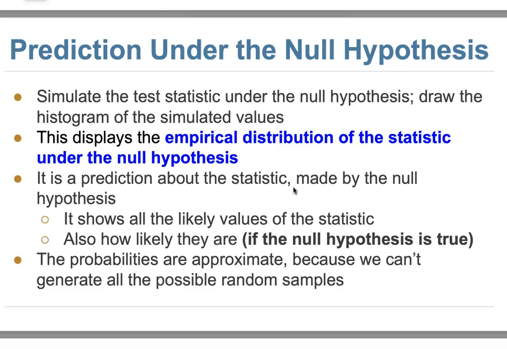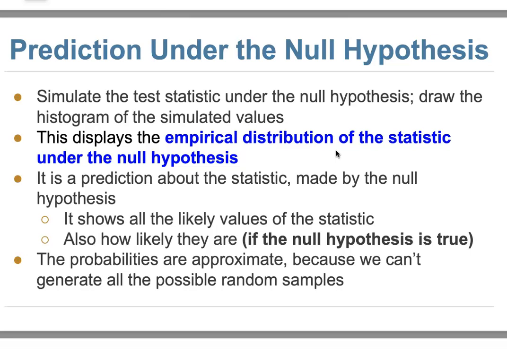The empirical distribution shows all the values of the statistic from the simulation and how they look. One thing we need to remember here, and we try to remind you many times: when the empirical distribution comes from a big enough number of simulations, the distribution will be very close to the probability distribution. But we'll just say close to.